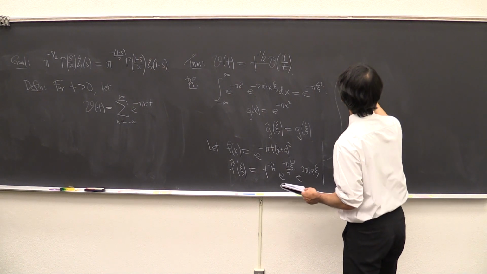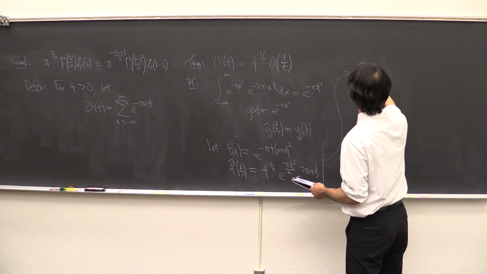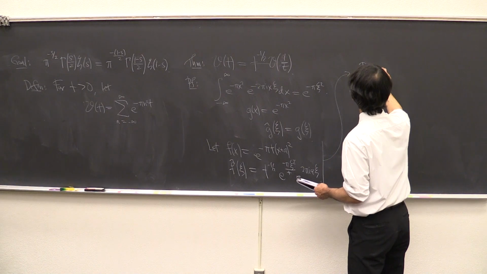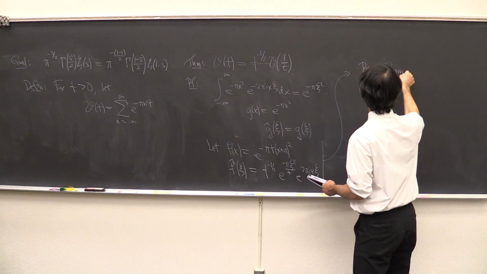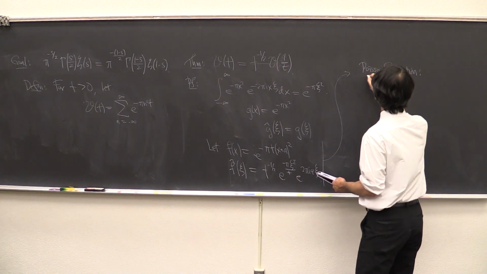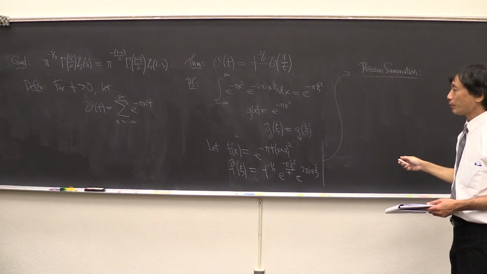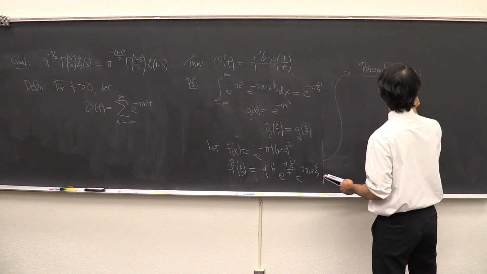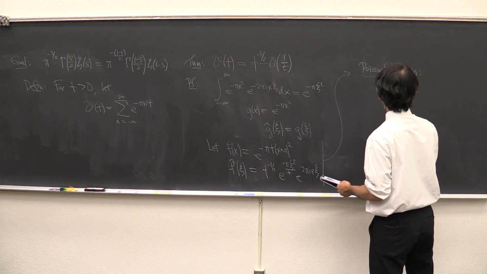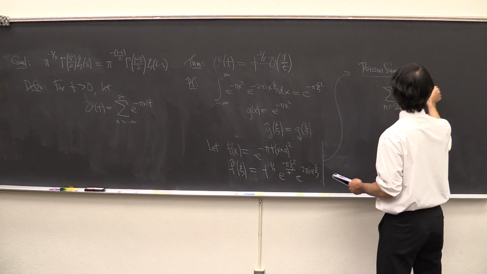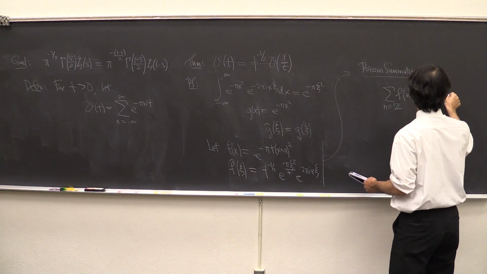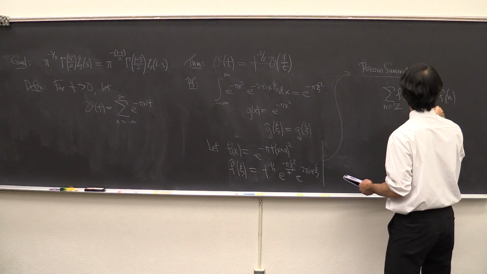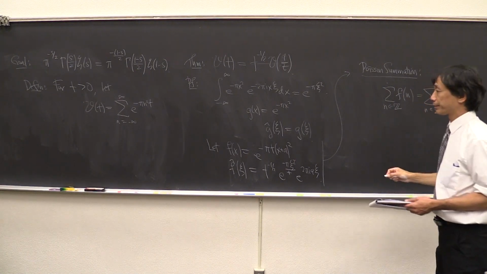So what that will give us, remember the Poisson summation formula, that the sum of the function over all integers equals the sum of its Fourier transform over all integers.